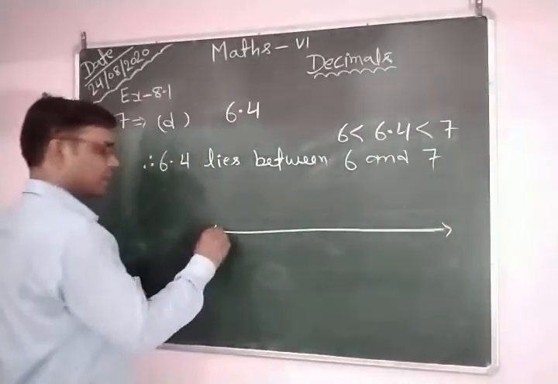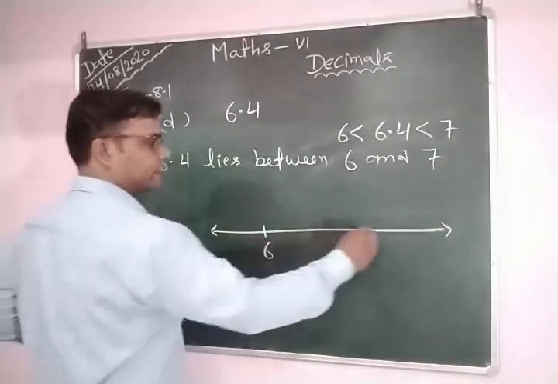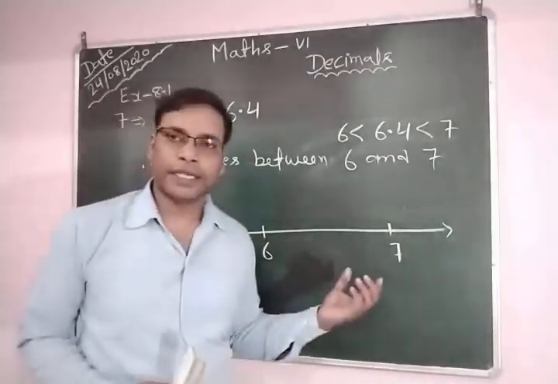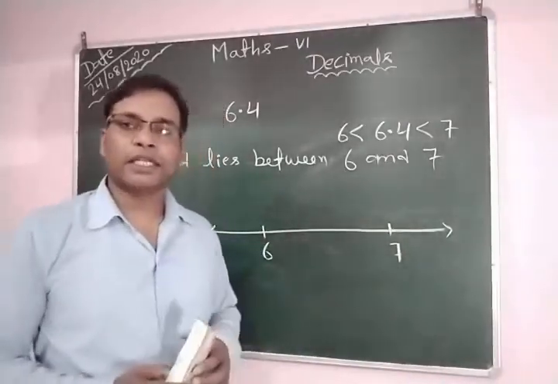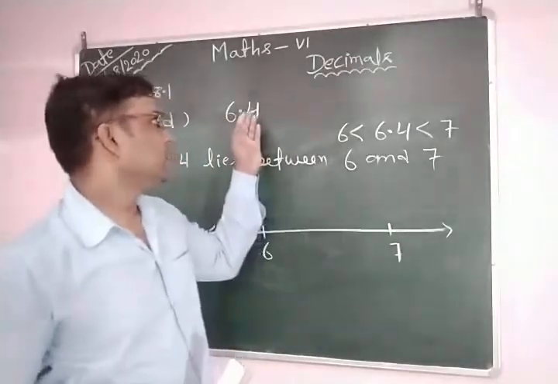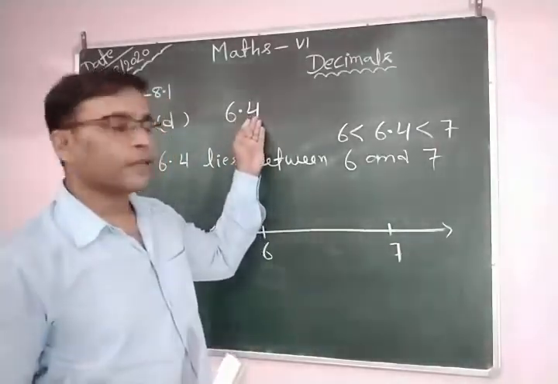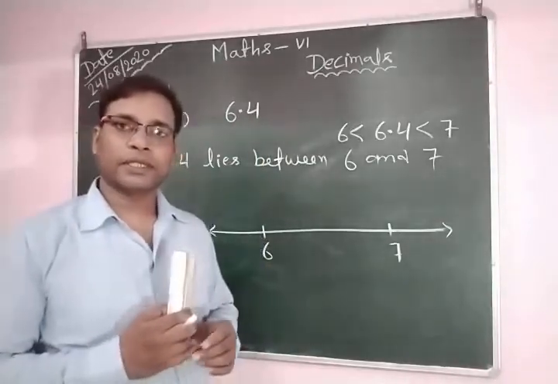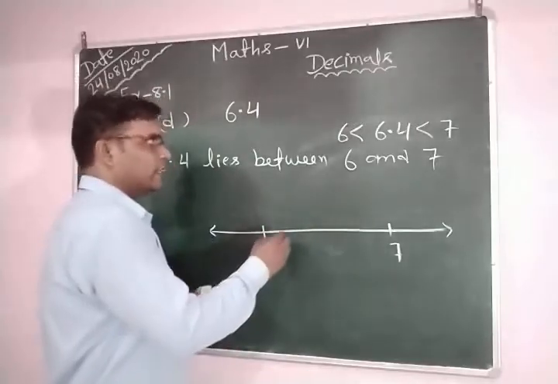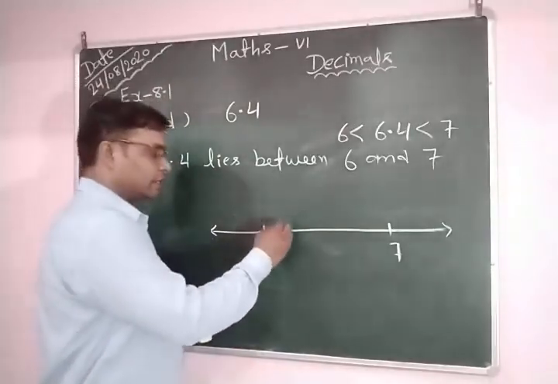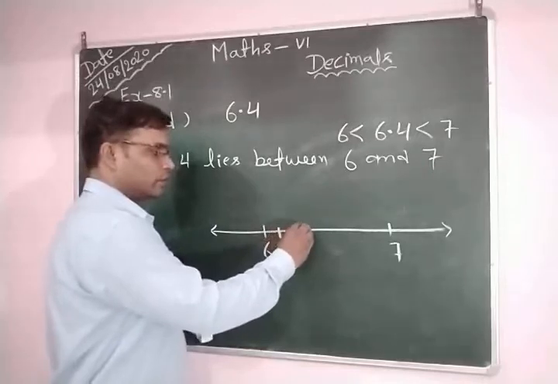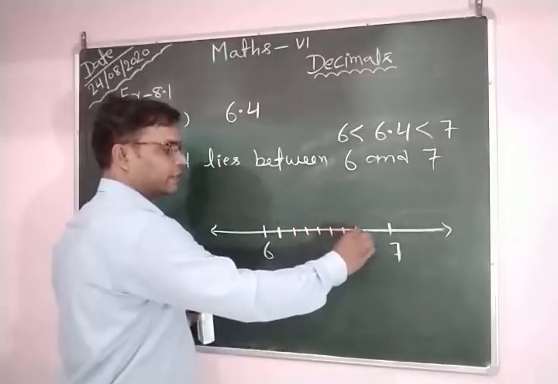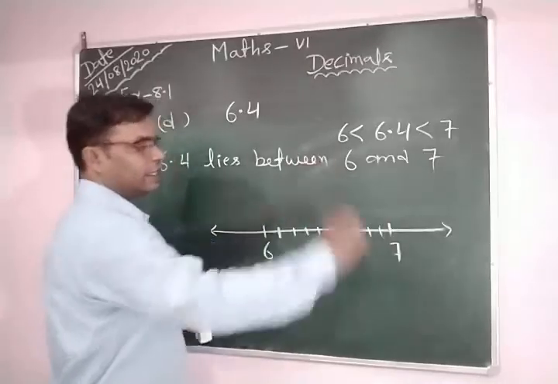Okay, and this is 6, this is 7. We divide the line segment between 6 and 7 into 10 equal parts, because you can see the 4 is in the tenths place. So 1, 2, 3, 4, 5, 6, 7, 8, 9, and 10.